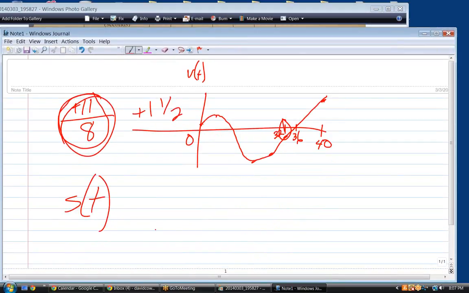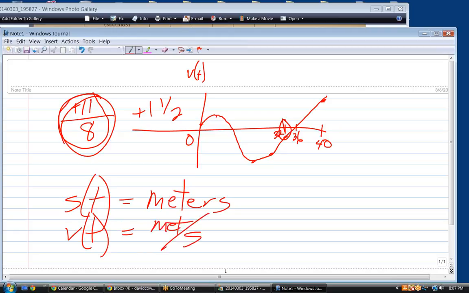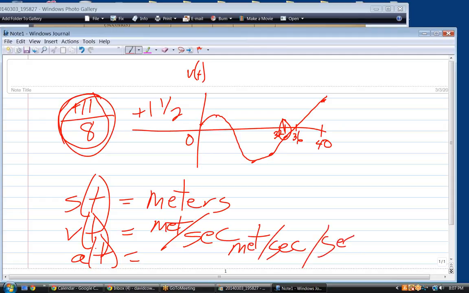The position function is usually represented by s of t, and that's measured in meters. The velocity function, which is the first derivative of position, is measured in meters per second. And the acceleration function is the first derivative of velocity, so it's meters per second per second. Well, actually, meters per second squared.